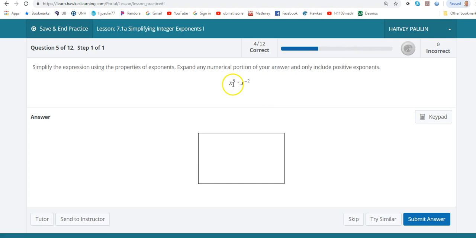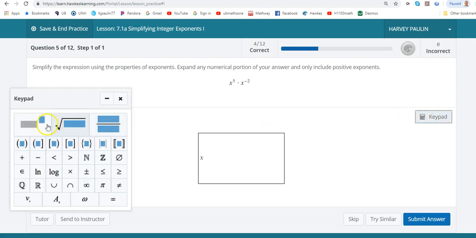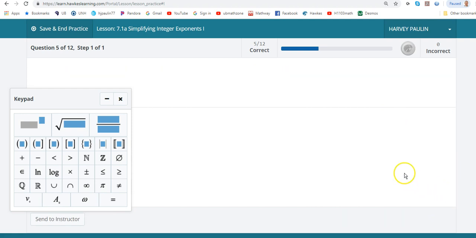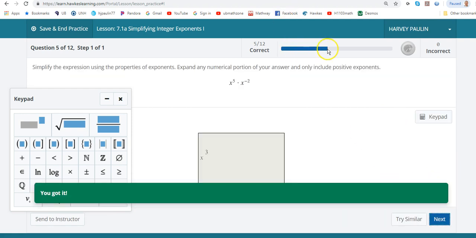So once again, adding exponents, the product rule, 5 minus 2 will give you x. Using your keypad, getting your exponent tool, and putting in a 3. Then submitting your answer. And notice your bar is creeping along.